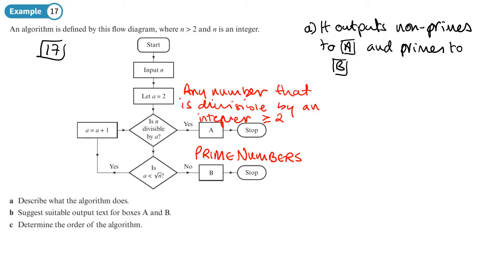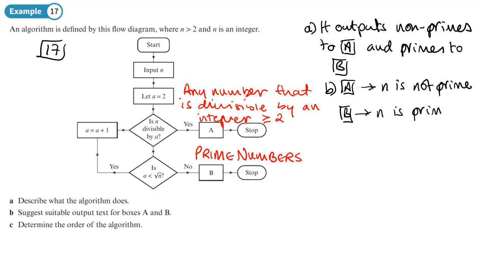Part B asks for suitable output boxes for box A and B. So A, I would put something like n is not prime or non-prime, or the input is not prime, and B, n is prime, or the input n is prime.